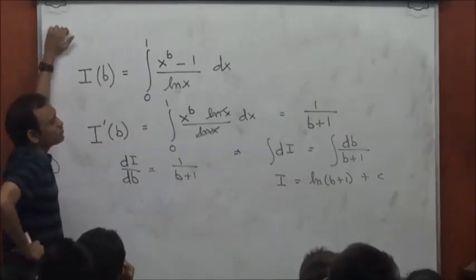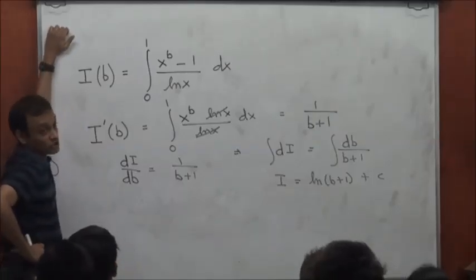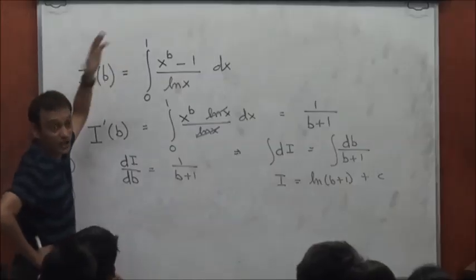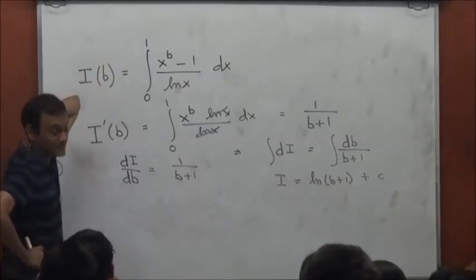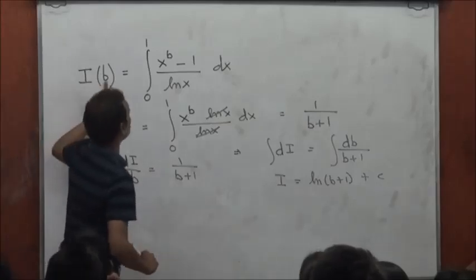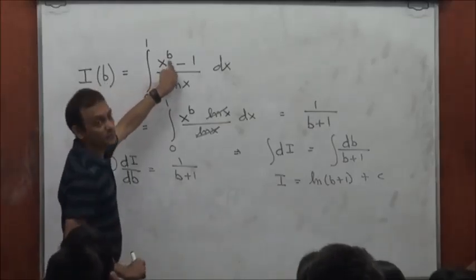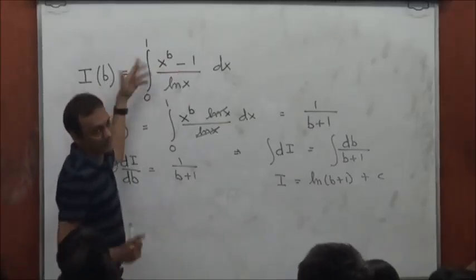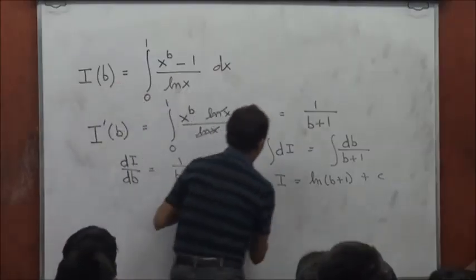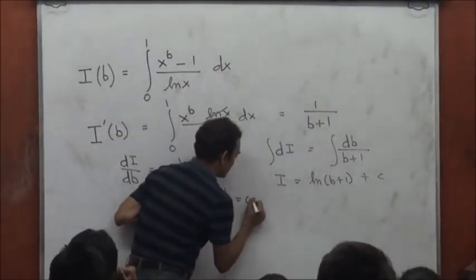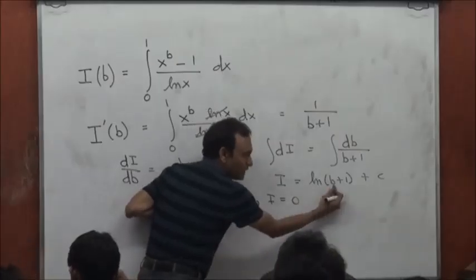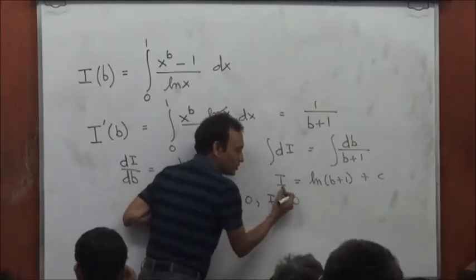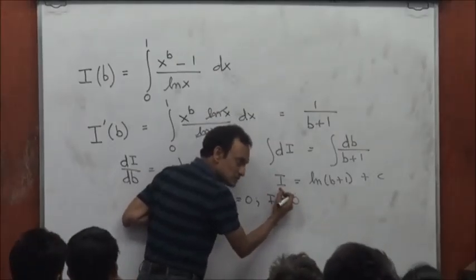Do you realize I need to find c, the constant of integration, because it's a definite integral. I is log of b plus 1 plus c. Realize that I at b equal to 0 will be 0. If you plug in b equal to 0, from the mother integral, I becomes 0.